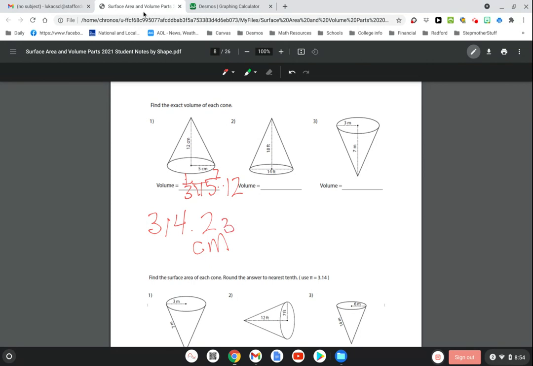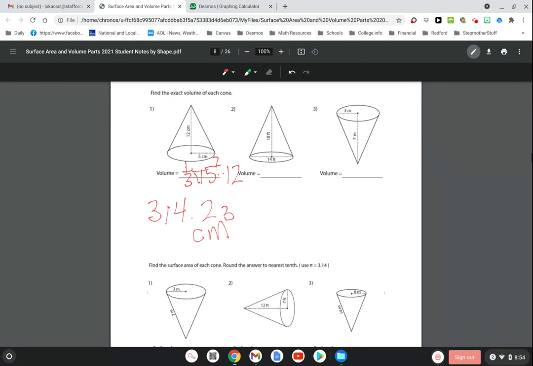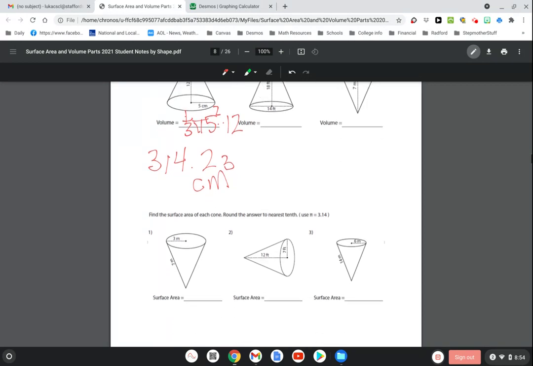If we go down here to surface area, we have an R and we have an L. Our R is 3. That's the radius of the circle. Our L is 7. It's laying at a slant.